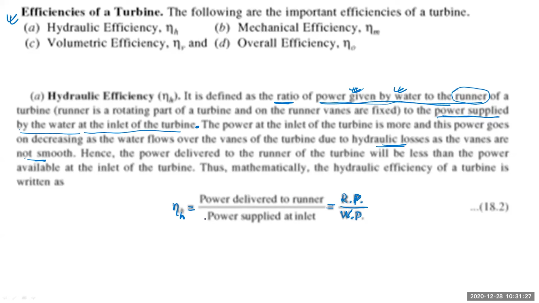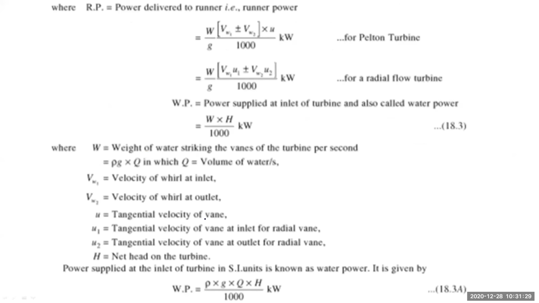Now, coming to the mathematical part of this, if you remember, we have derived the expression for power generated per unit weight: W into (Vw1 U1 plus or minus Vw2 U2) upon 1000 kilowatt.